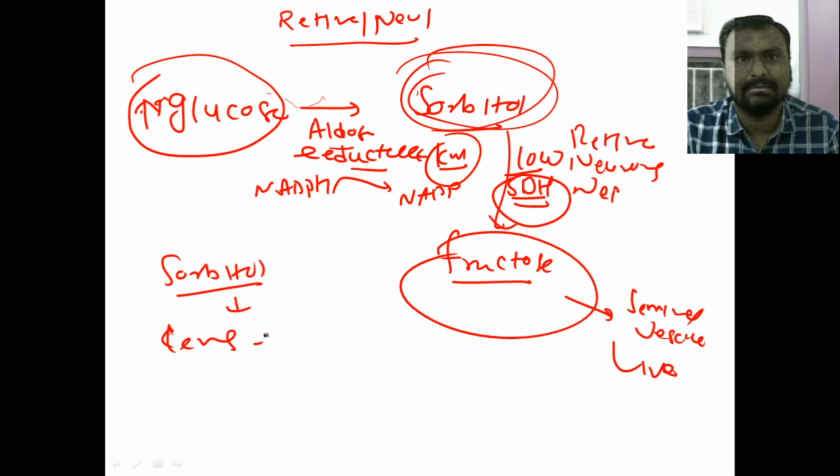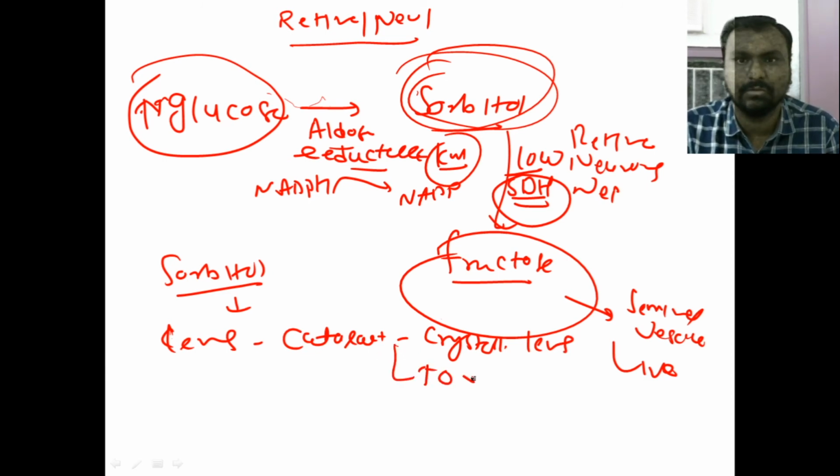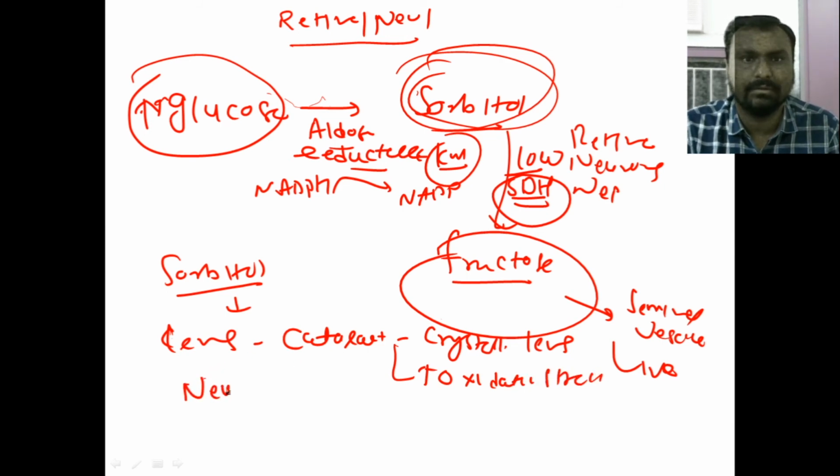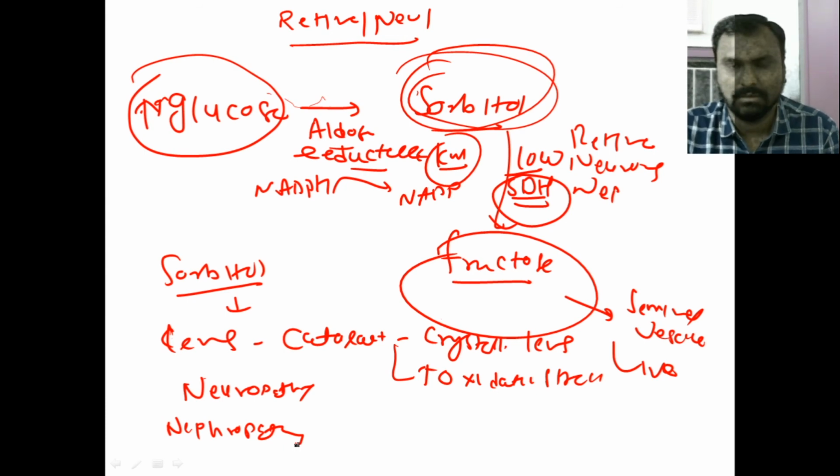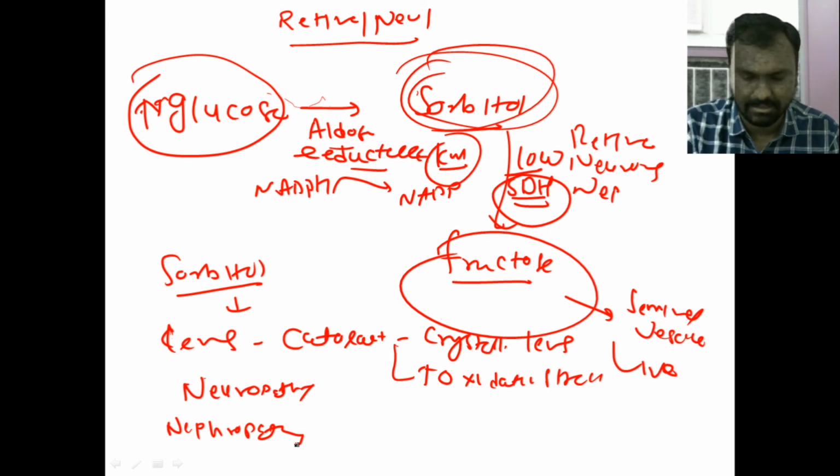So in the lens a cataract occurs, because it will damage the crystalline protein of the lens, as this sorbitol is poorly diffusible, and also there is increased oxidative stress, that will also lead to the cataract. So in neurons neuropathy will occur, in nephron nephropathy will occur. So this is all about the sorbitol pathway or polyol pathway. I hope you understand the basics of diabetes mellitus, why in the chronic complications the neuropathy, nephropathy and cataract occur. It's diabetic cataract.